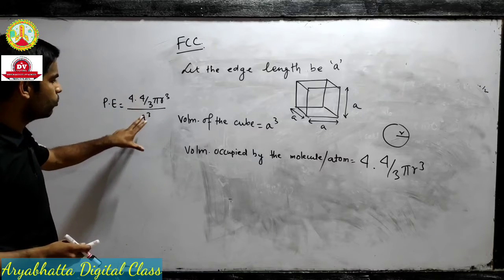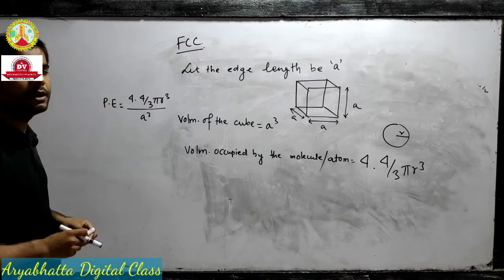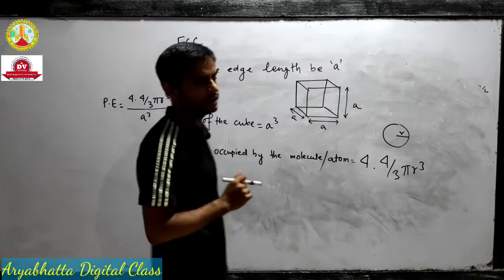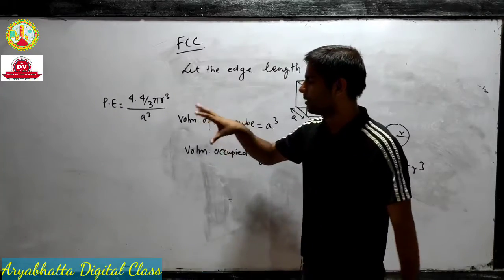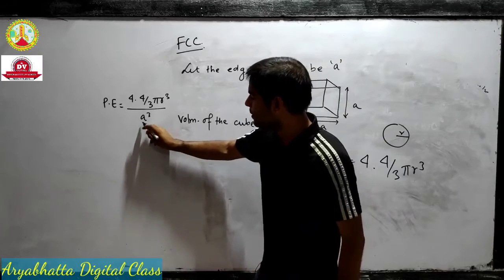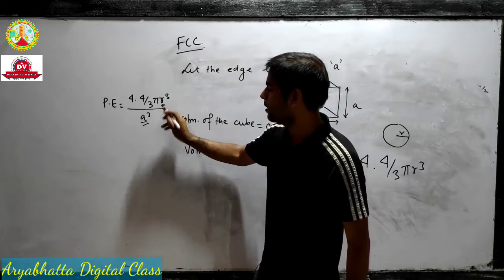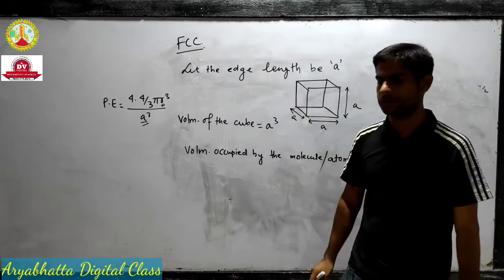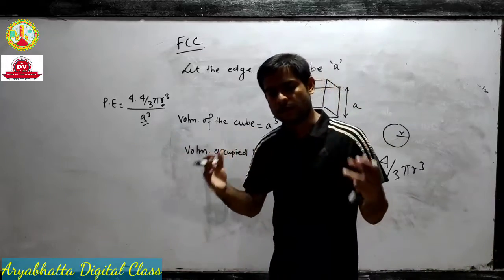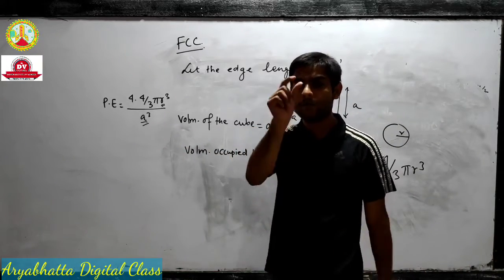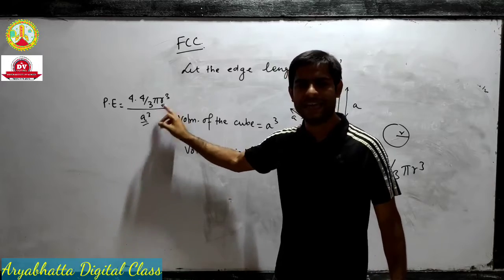If I use this formula directly, I won't be able to calculate the packing efficiency, I won't be able to get the result. Why? You see that A and r are two different variables and no numerical value has been given for A and r.